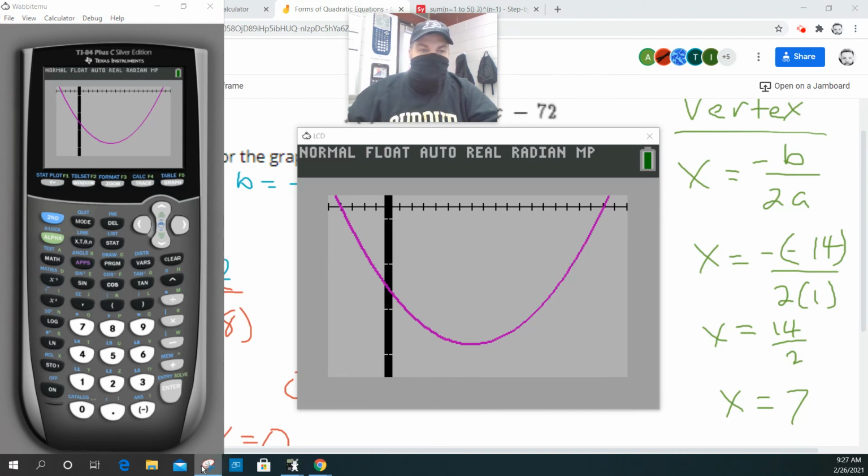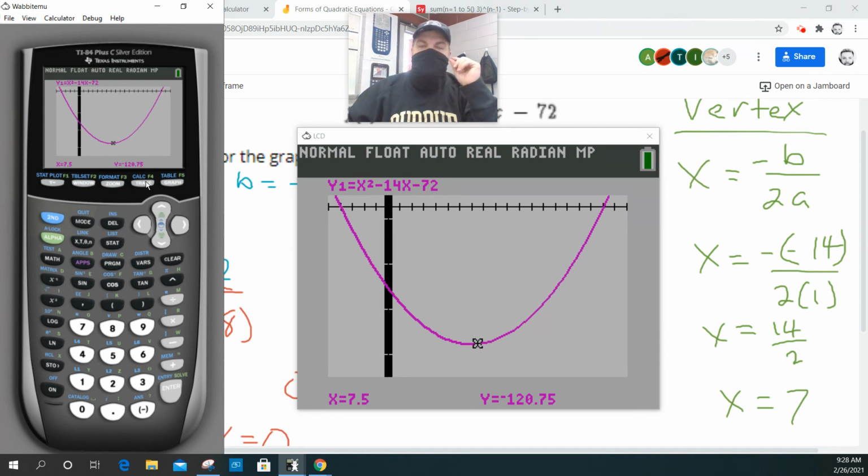Anyways, what we're going to do is we're going to verify this. So see this button right here, the 4th button that says trace? Hit trace. Now, I want to verify the minimum in a second, but first let's verify and make sure that our x-intercepts are correct.